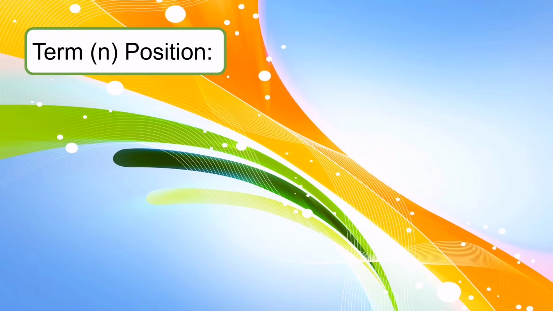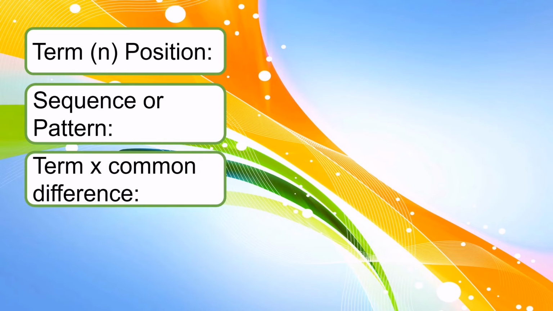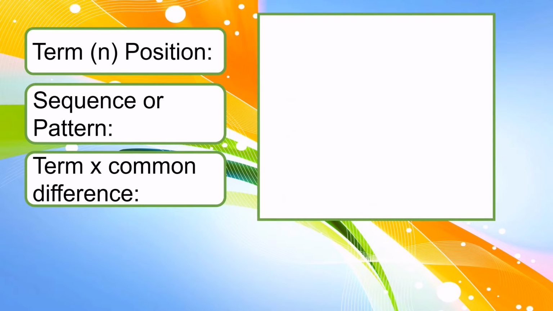In making a rule for finding the nth term, just follow this format. We need to get these: first, the term n or the position, the sequence or pattern, and the term times the common difference. So these are the numbers of the terms.